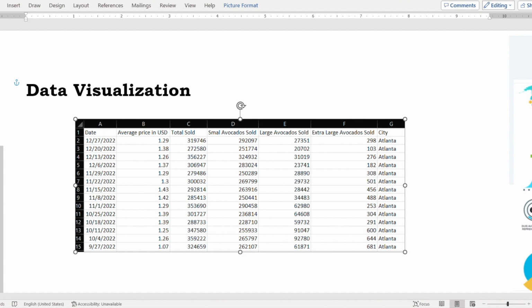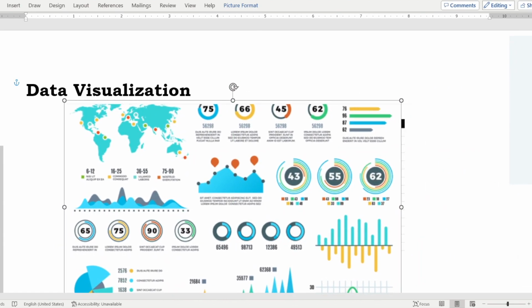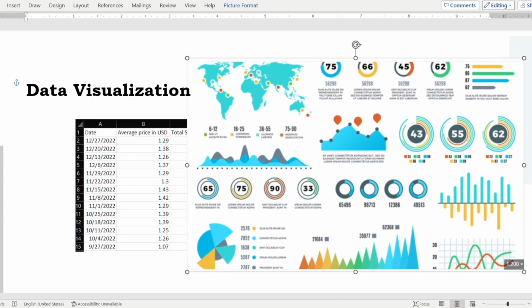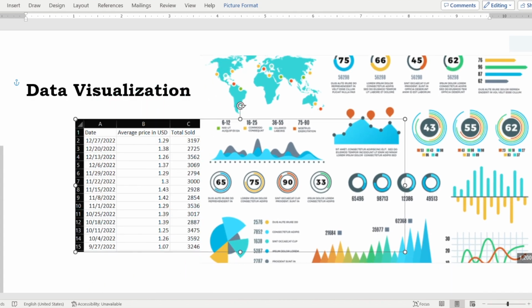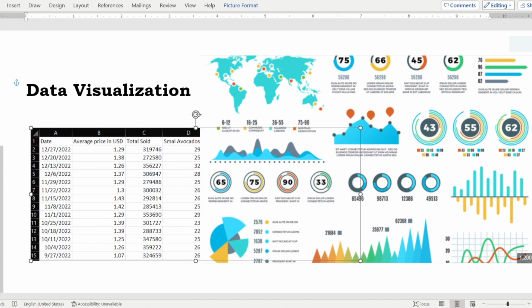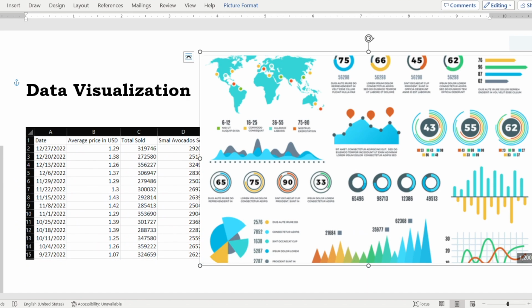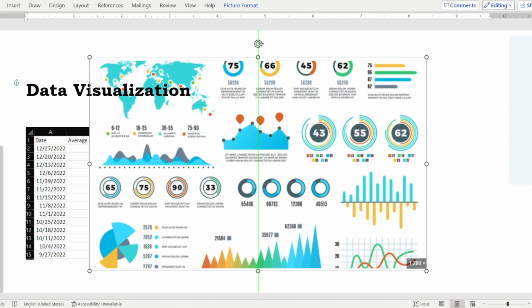For example, if I want to visualize this, there are many approaches. Say this is one of the data visualizations. Actually this data is not relevant to this data set; this is, for example, another data set. If we have another kind of data set, it would be better to have a visualization like this.